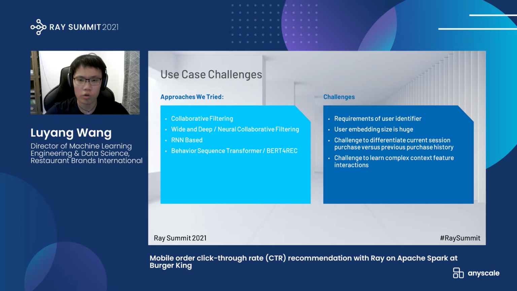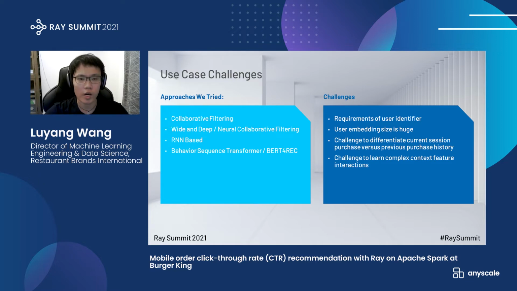I think all those features play a role when they interact with our app and decide what food to purchase. So we want this recommendation algorithm to be able to consider those complex context feature interactions.